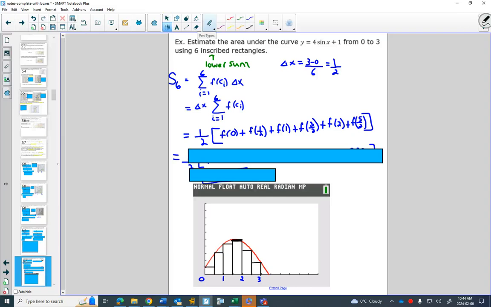This should actually be, if we're using the lower rectangles based on the picture there, this one should be f of 2, this one should be f of 2.5, and this one should be f of 3.